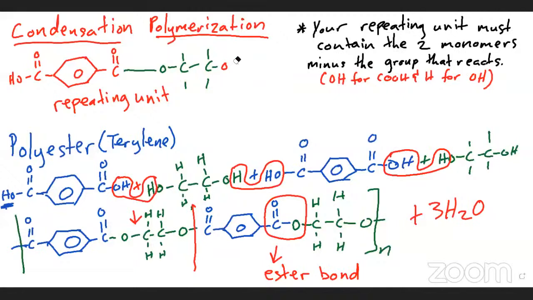That is why we don't include it. And if we're adding a next alcohol to this end of the acid, would the OH group still be there? No, sir. All right. So we leave off the OH and we leave off the H of the alcohol. All right. So for this, know your monomers. Know the actual structure of your monomer, know the repeating unit, and be prepared to draw a partial structure.